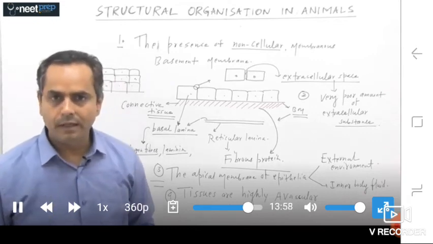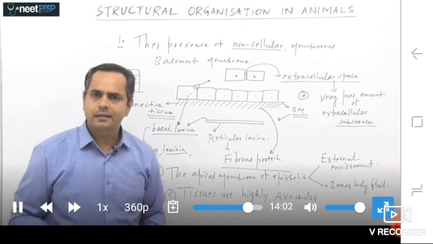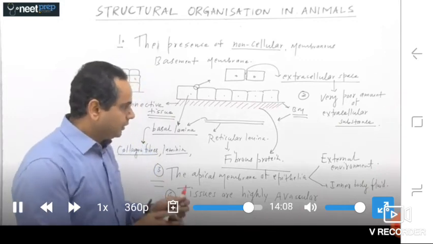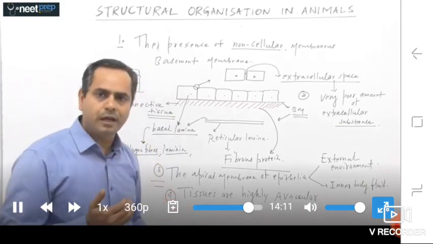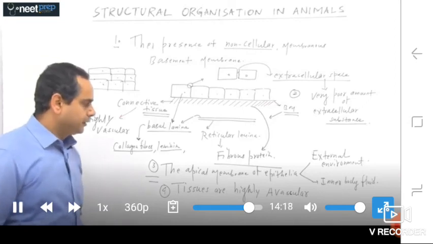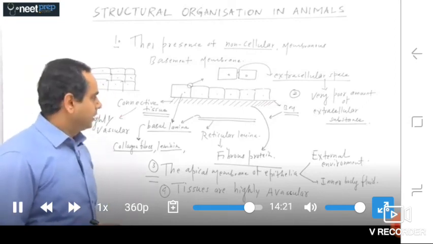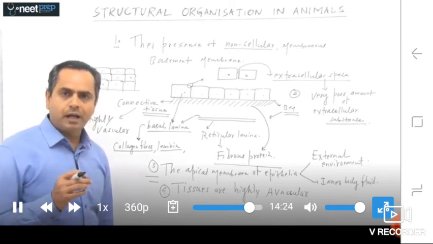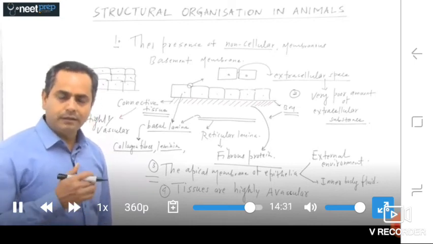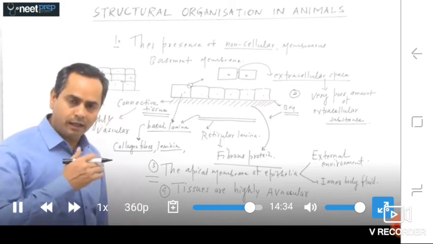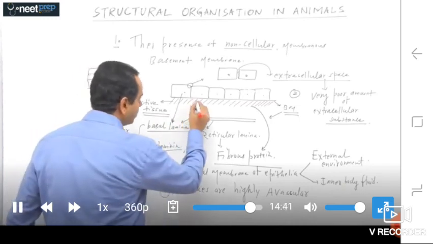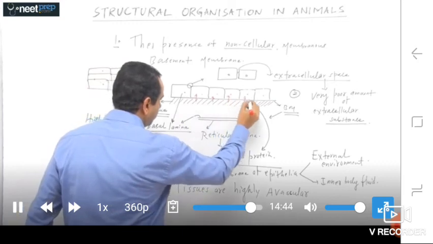So if the epithelia is without blood vessels, how do the epithelial cells get their nutrition and oxygen? The answer is that the underlying part of epithelial tissues is connective tissue, and as we know, the underlying connective tissues are highly vascular, so blood from the vessels there diffuses towards the epithelial cells.